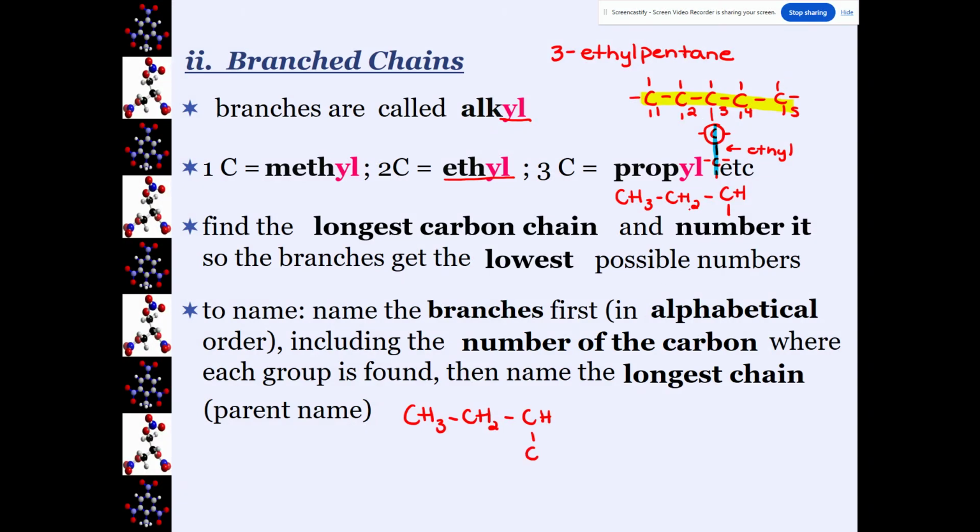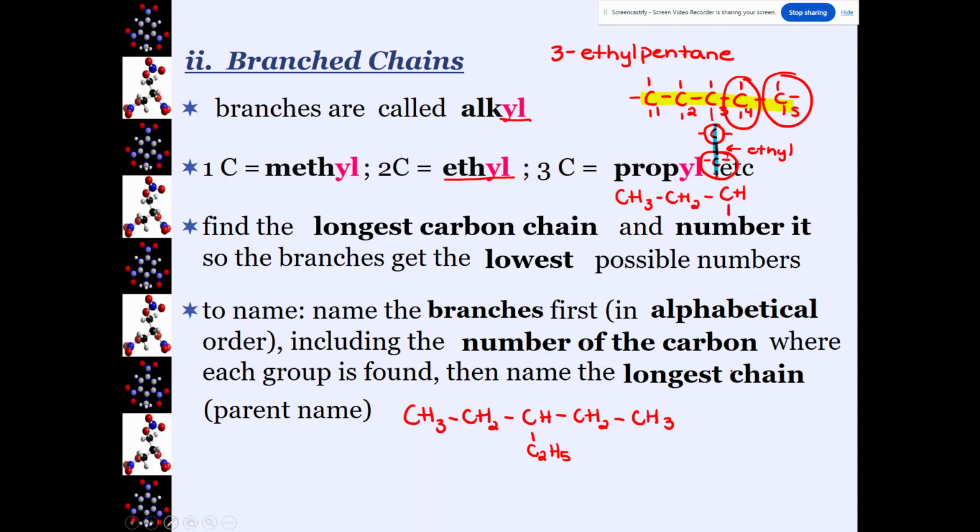This carbon here has 2 H's, and then this carbon here has 3 H's. And then if I finish the rest of the compound, carbon 4 has 2 H's, and then carbon 5 has 3 H's. So that's one condensed method of drawing it, but you could actually put these 2 carbons together and call this branch C2H5. There are 5 H's: 1, 2, 3, 4, 5.